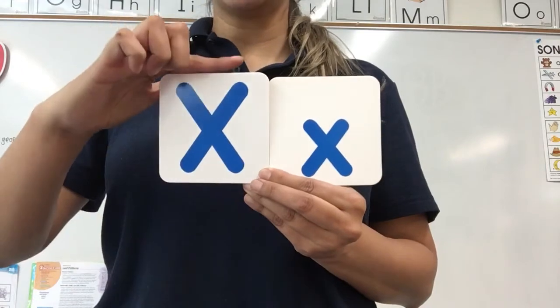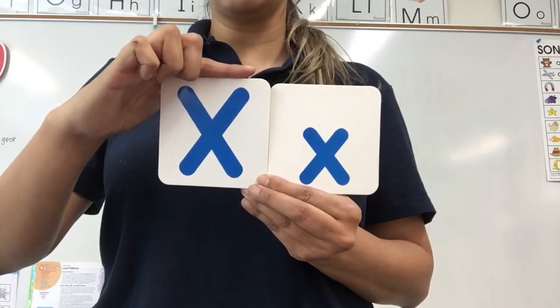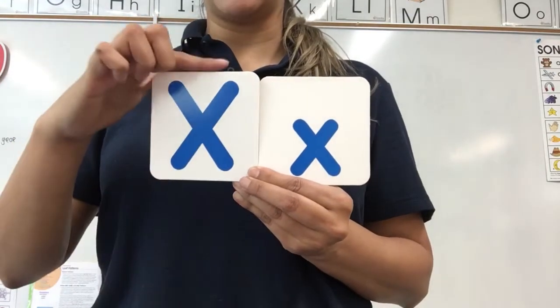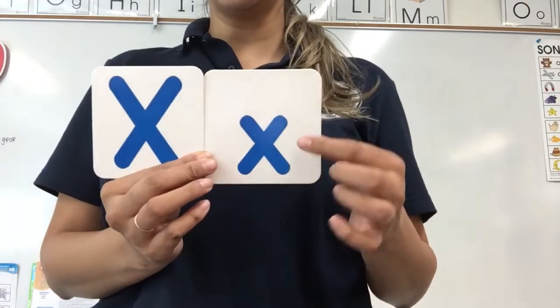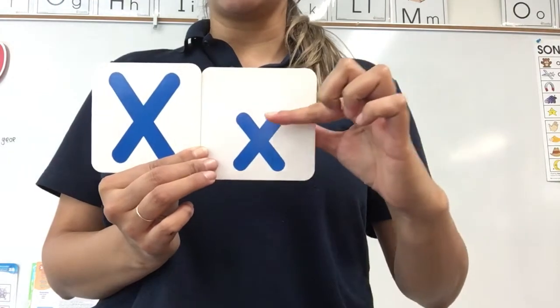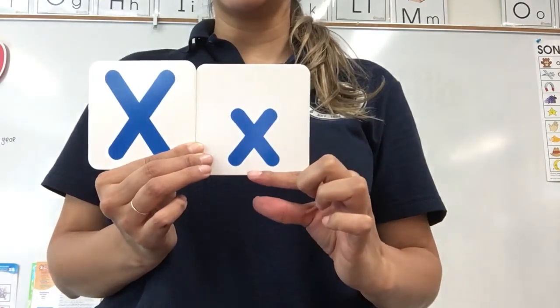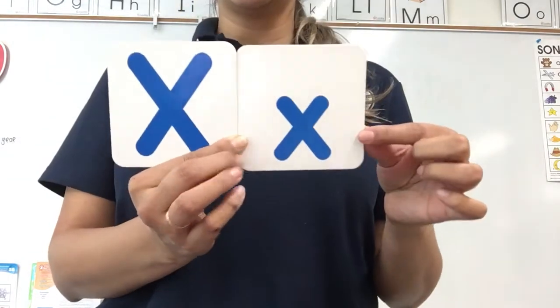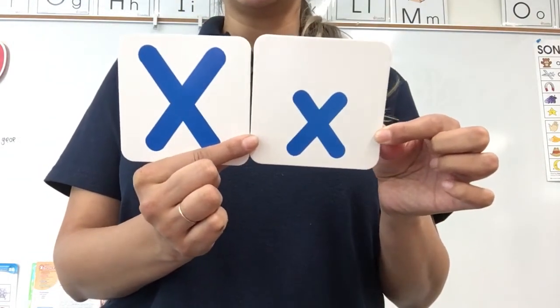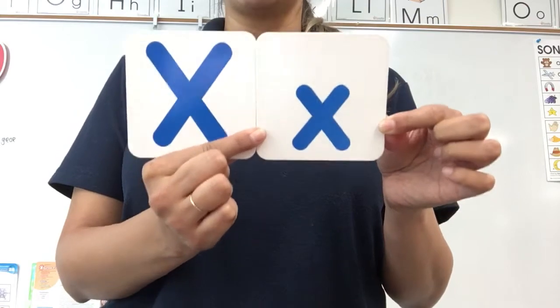These lines should start at the top of your writing line and come all the way to that bottom line. The lowercase x, however, is going to start on the dotted line and touch the bottom line. It's going to look just like that uppercase X, just shorter.